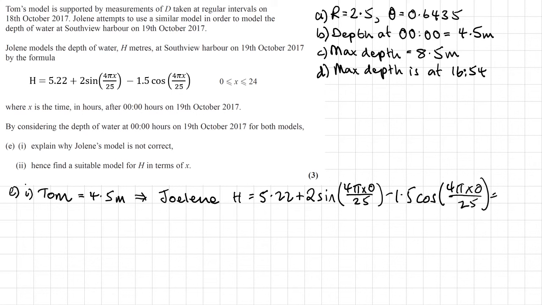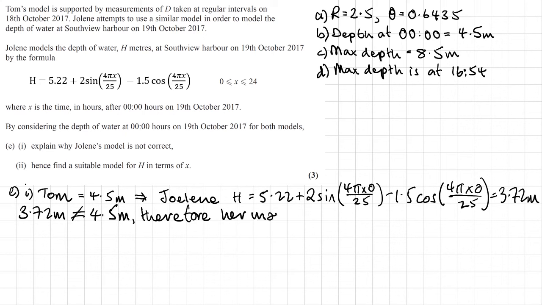Let's see what that gives us for a depth, and that gives us 3.72 meters. So 3.72 meters is not equal to 4.5 meters. Therefore, her model is not correct.